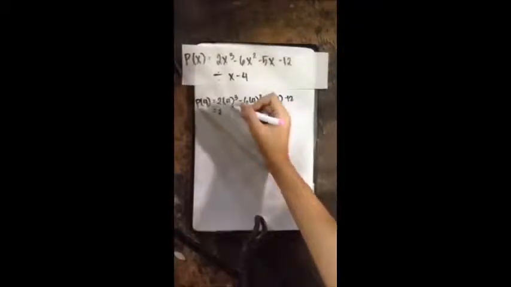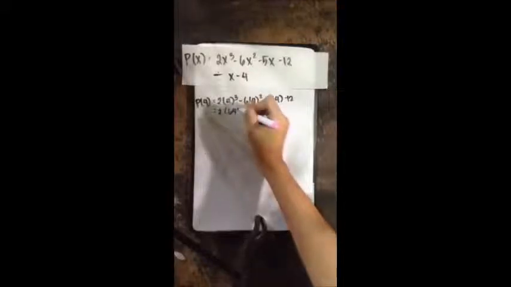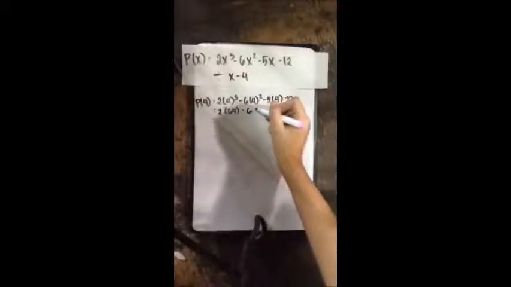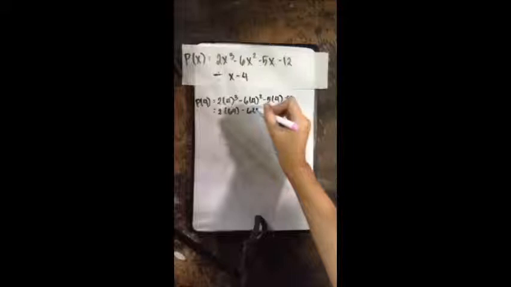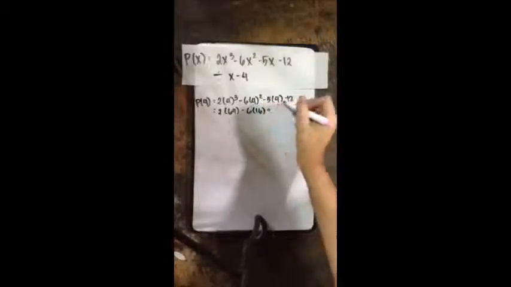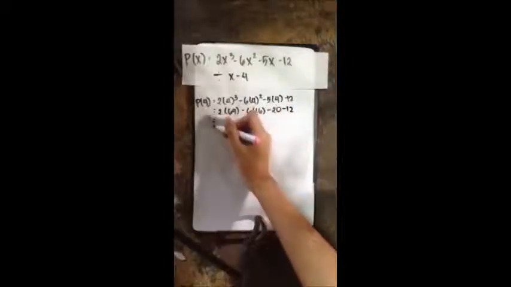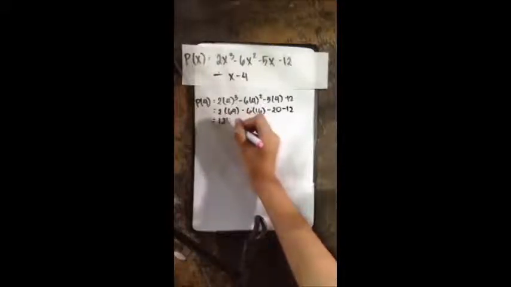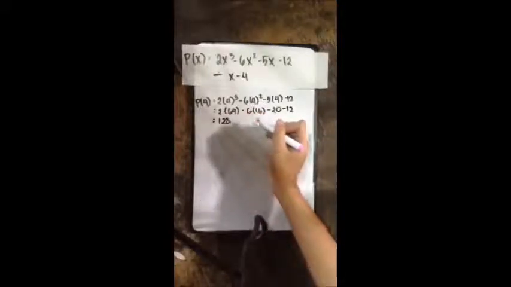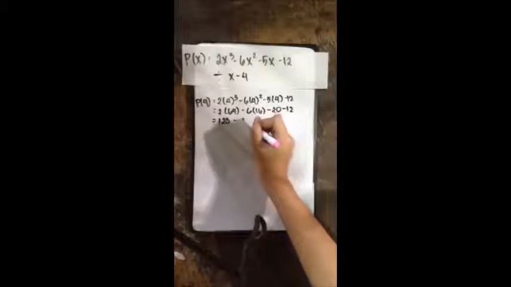So 4 cubed is equal to 64 and 4 squared is equal to 16. 5 times 4 is equal to 20 and bring down minus 12. 2 times 64 is equal to 128 and 6 times 16 equals 96.